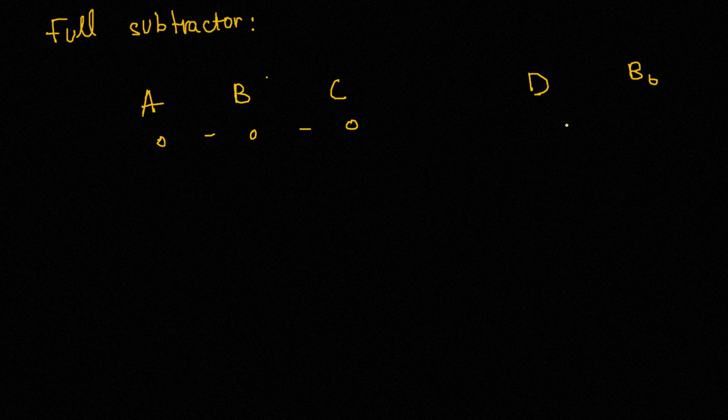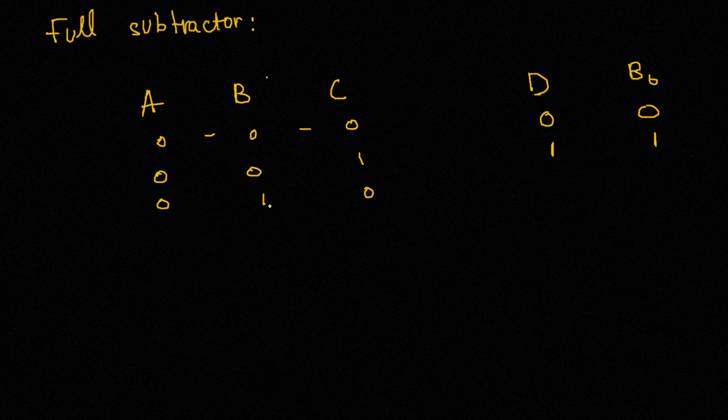So 0 minus 0 gives us 0 in the difference along with no borrow. Then we have 0, 0, 1. So 0 minus 0 gives us 0, and 0 minus 1 gives us 1 along with a borrow which is taken. Then we have 0, 1, and 0.